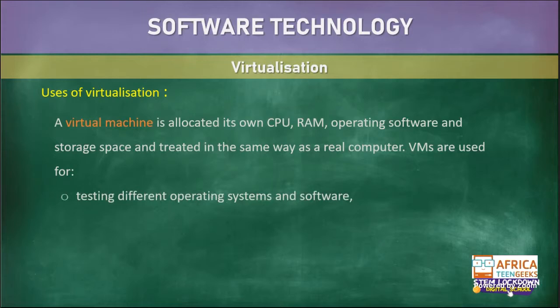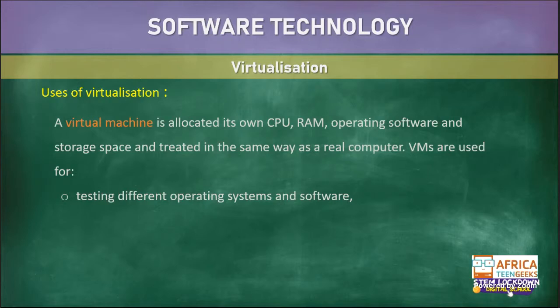So if you want to test, say you are making a program for Android, and you have to program it in a Windows environment. For instance, if you are using Android Studio, it offers you a function to add a virtual machine.